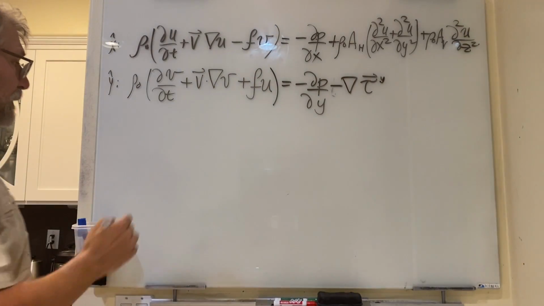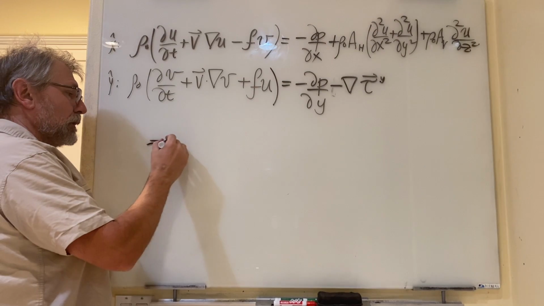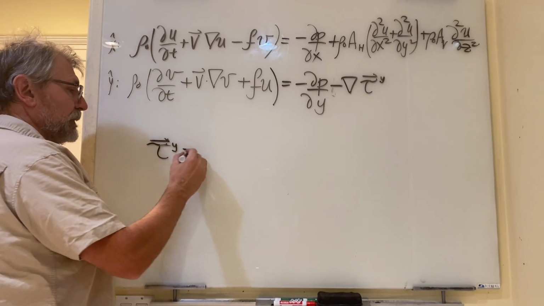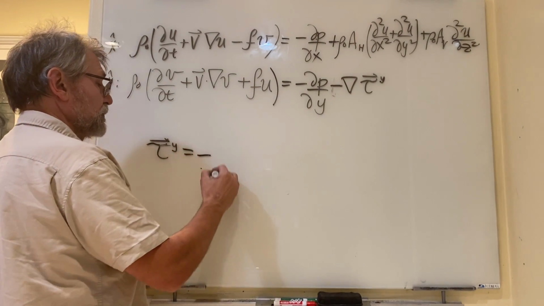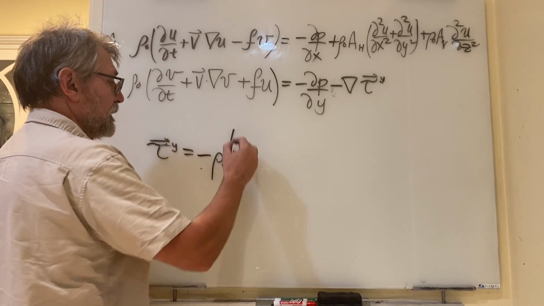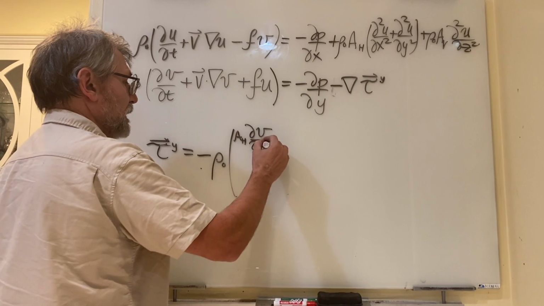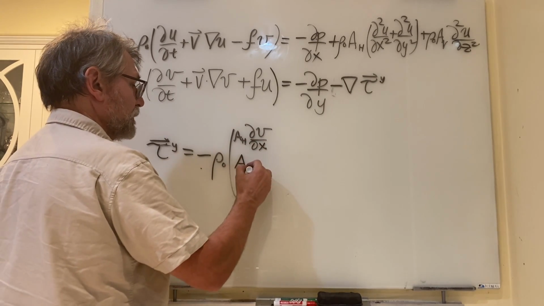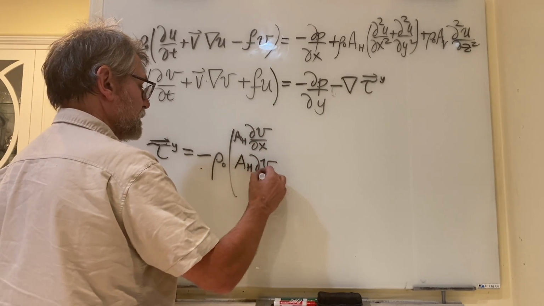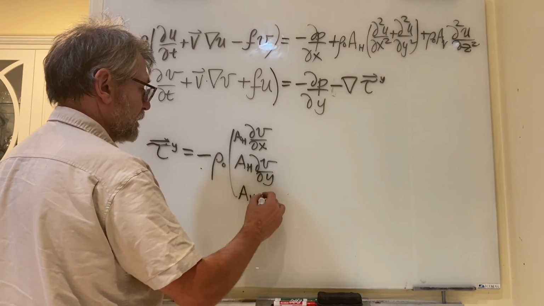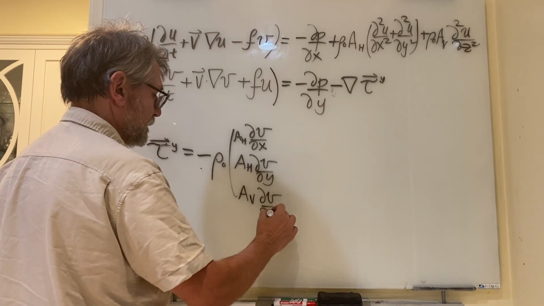So how am I going to parameterize that one? That's tau y, and that's going to be minus rho naught AH dv dx, AH dv dy and AV dv dz.